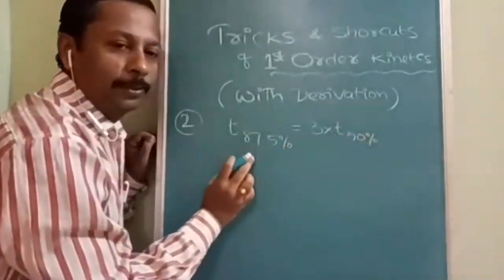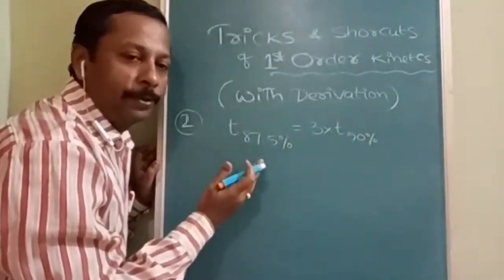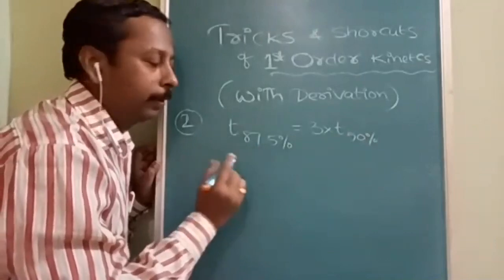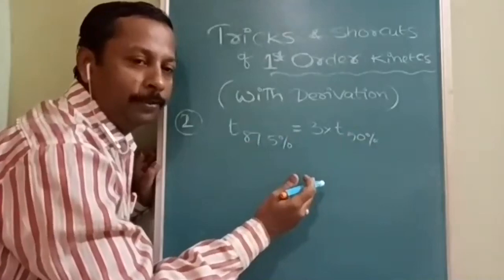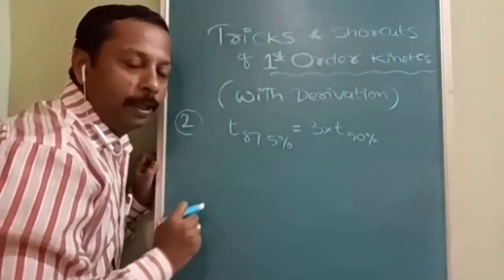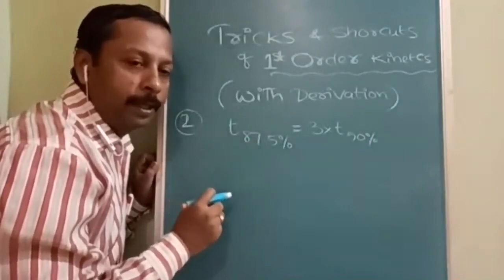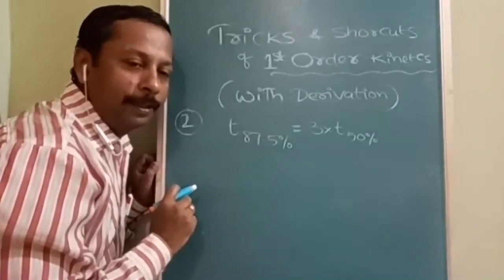Not only is this one type of trick, there are so many questions according to tricks. So don't think that the future class also will be like this, so I can skip. No, not like that. There are 99% tricks, 99.9% tricks, 99.999% tricks. So lot of things are there in my bag.